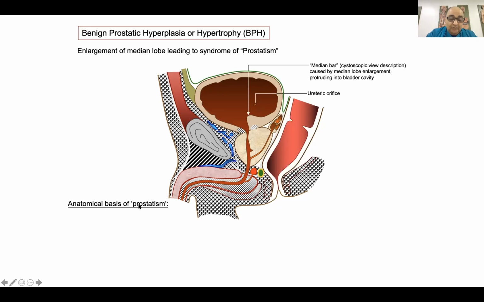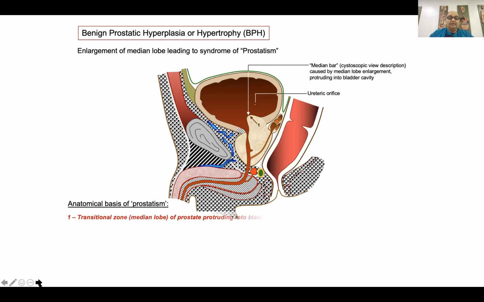Old people called it prostatism; now we call it lower urinary tract symptoms, LUTS. So what are the anatomical changes responsible for prostatism or lower urinary tract symptoms? I'll be labeling them one by one for you. So number one, you can see it.